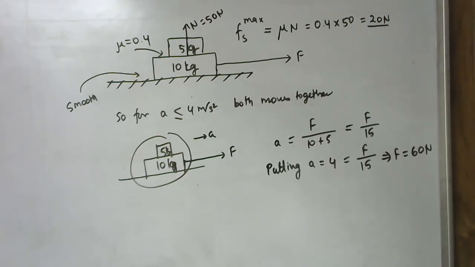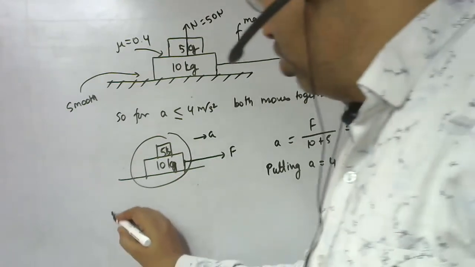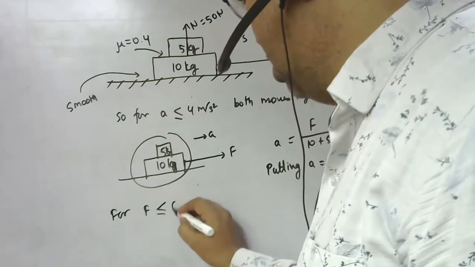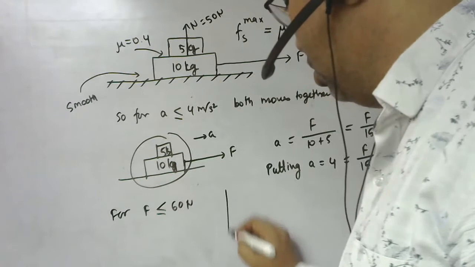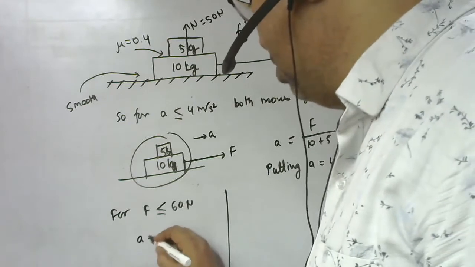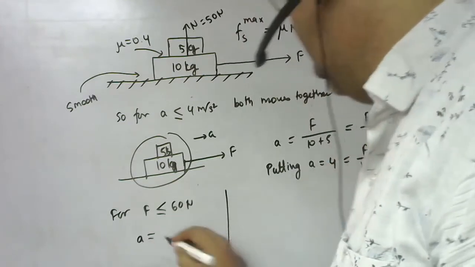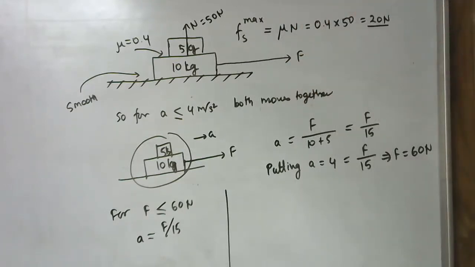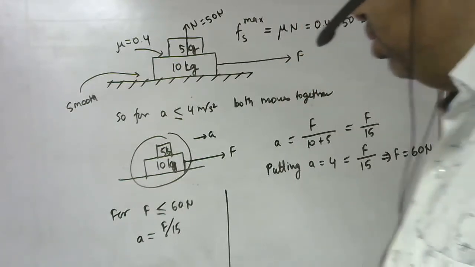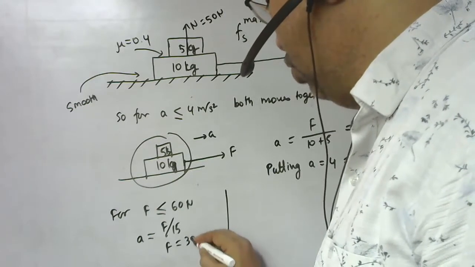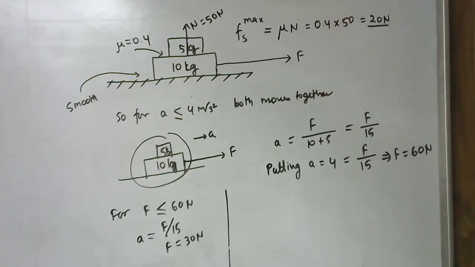So for F less than or equal to 60 Newton, both will move together, and their acceleration will be F by 15. Let's have an example. Suppose F equals 30 Newton.